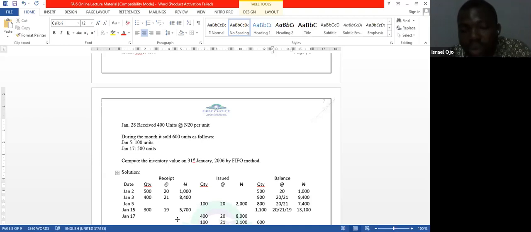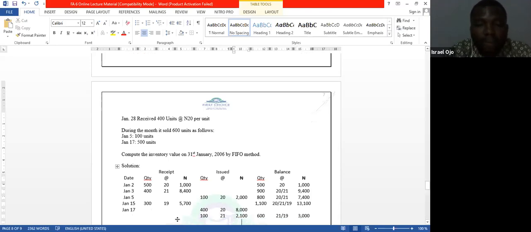So we are left with 300 units of the 21 and the 19. Then the balance now will be 13,100 minus 8,000 minus 2,100, which will give us 3,000. Now, the next one is January 28.